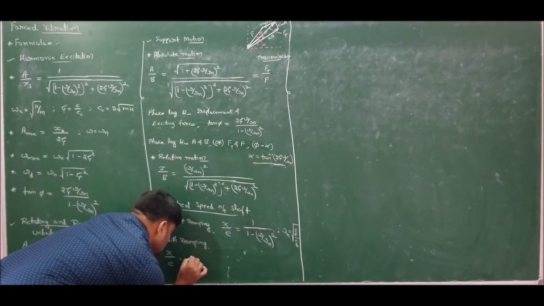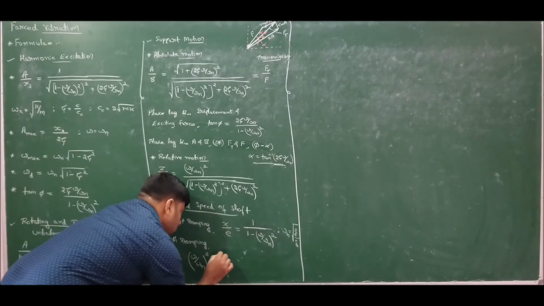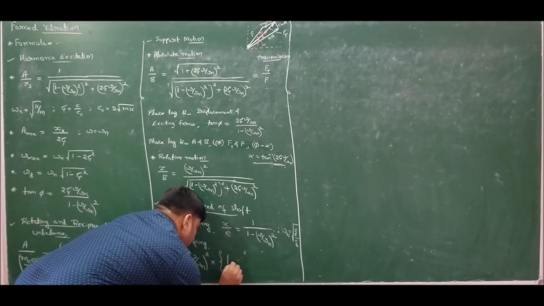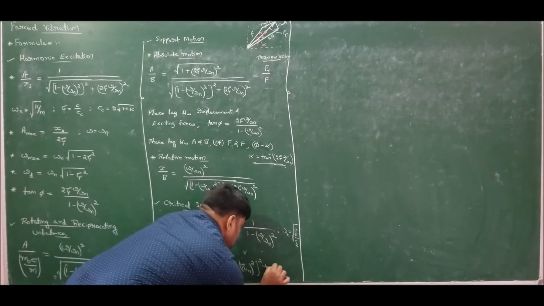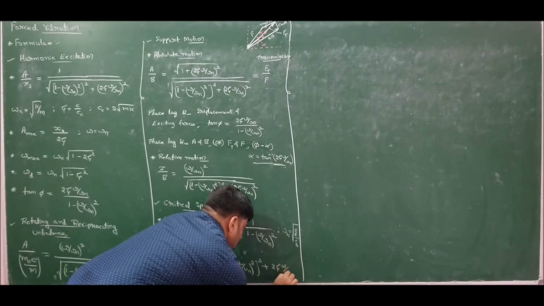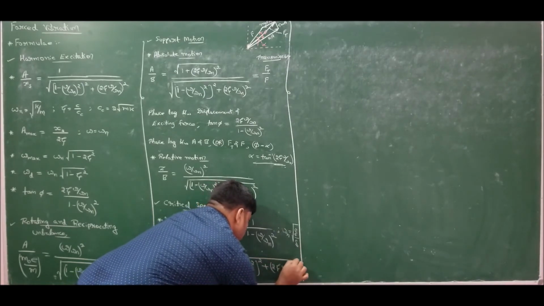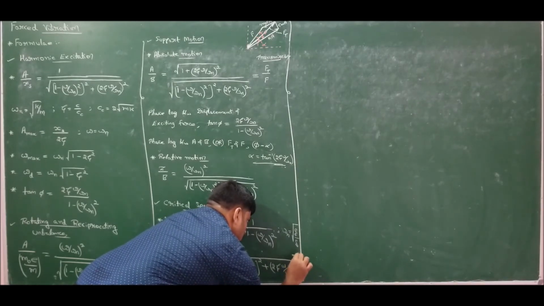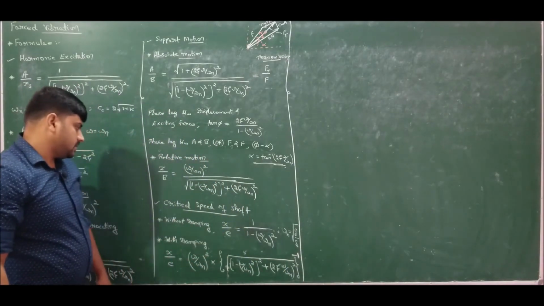That is, we have omega n whole square into square root of 1 minus omega n whole square plus 2 zeta omega n whole square inverse, minus 1 to the power of minus 1, because this should come to the denominator.